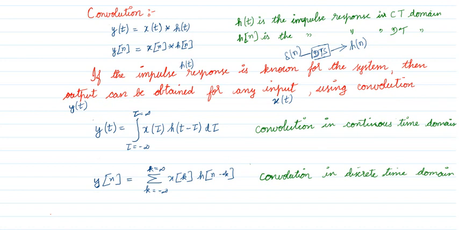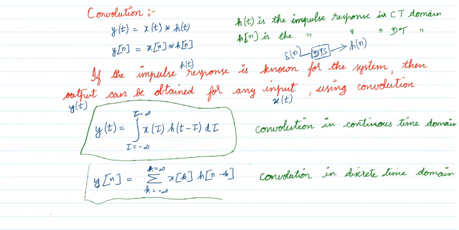Now this is the expression for convolution in continuous time domain. This is the expression for convolution in discrete time domain. Before doing convolution, definitely we should have the impulse response, that is h of t or h of n.